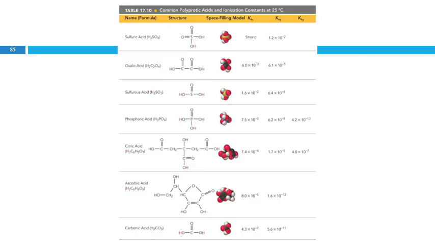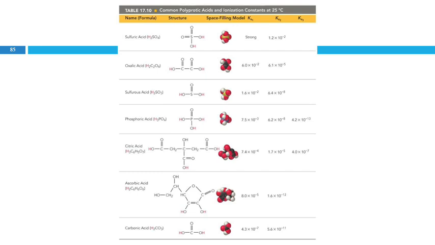So these are common polyprotic acids. We've got sulfuric acid, and here they're giving us Ka1, 2, and 3. Some of these are triprotic. For sulfuric acid, the first proton is a strong acid.